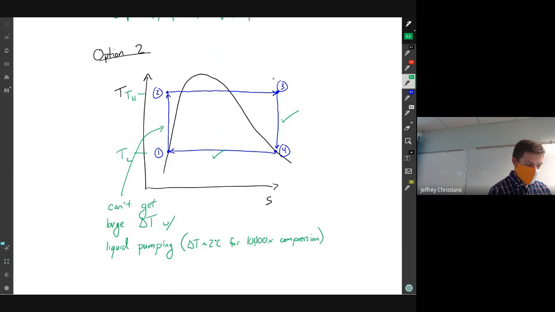While we're in this section, that section works fine where we're heating something from a liquid into a gas. We're just boiling it.